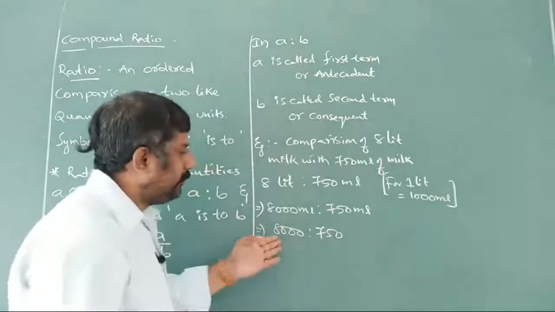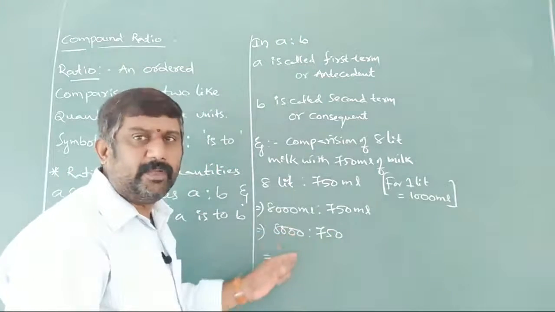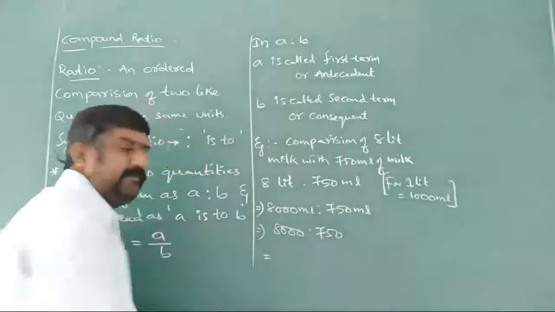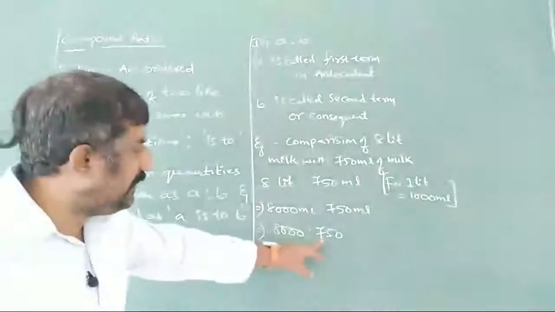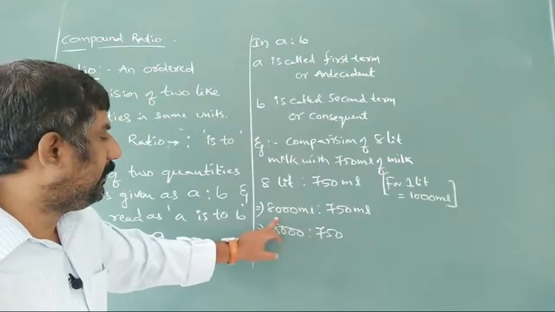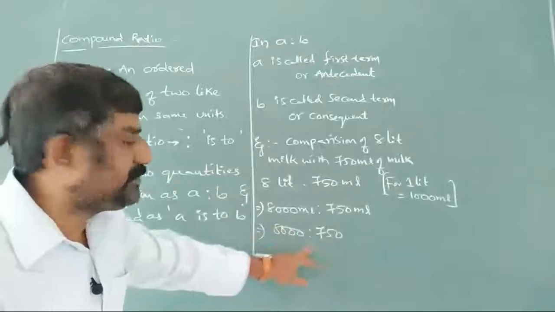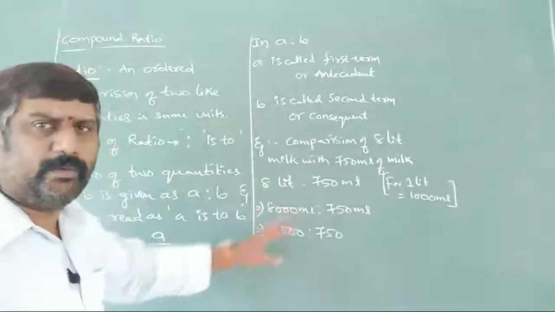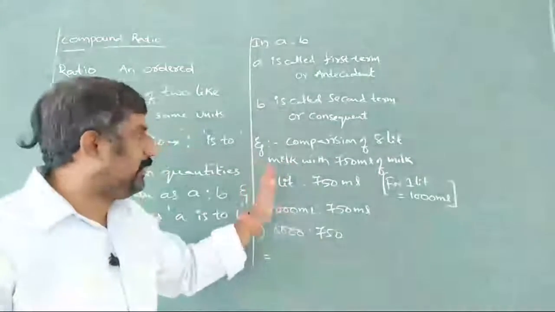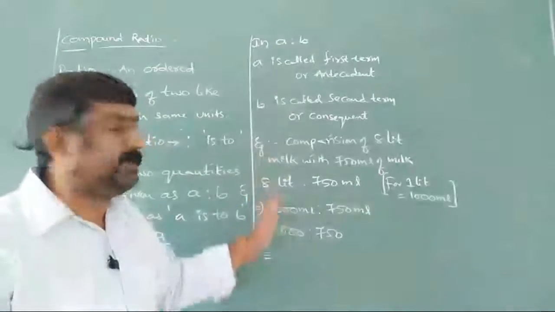You can do simplification: the zeros get cancelled, 25 threes, 25 threes, and again 2s, 32. Maybe 32 is to 3 we will get here. Okay, you do it, no problem. So like this, we can compare the given quantities as a ratio.